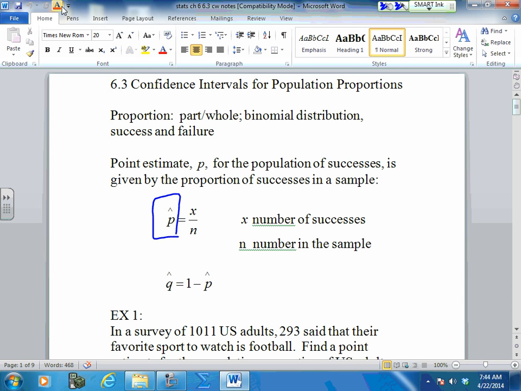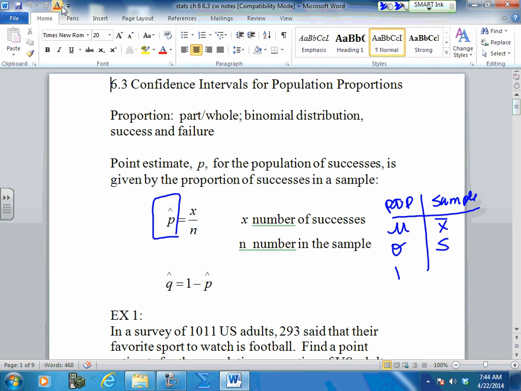Now, your p, here's your population, here's your sample. Just as we used the mu letter for your population and the x bar for your sample, we use the sigma, the little sigma, to be your standard deviation, and an s to be your standard deviation for your sample.